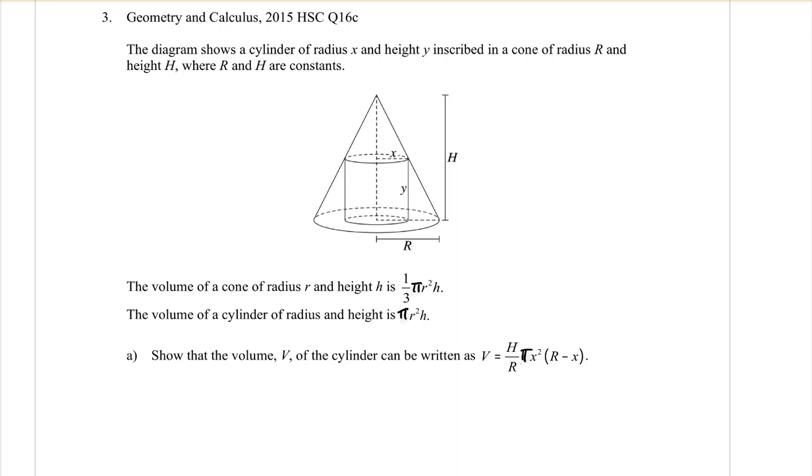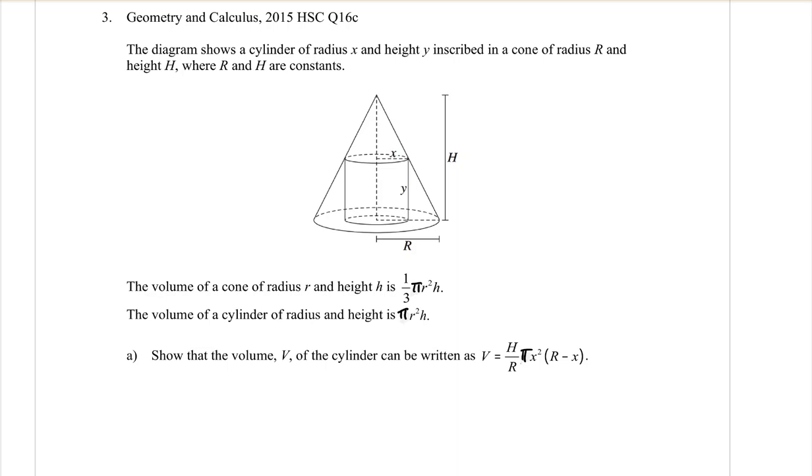The diagram shows a cylinder of radius x and height y inscribed in a cone of radius r and height h, where r and h are constants. Okay, so they're constants, not going to be differentiating those. We have a diagram. We can see our cylinder inside our cone, which is good. The volume of a cone of radius r, it's given me the formula, is 1/3 pi r squared h.